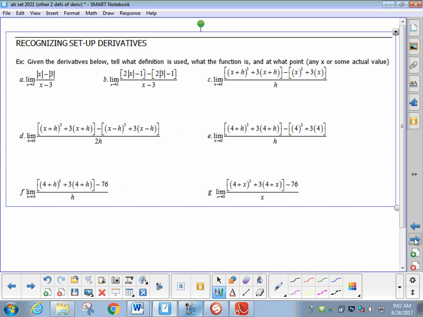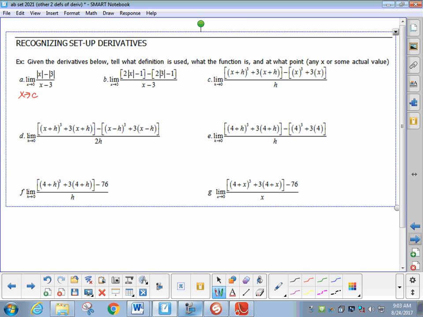Now, let's talk about recognizing. These are very common AP multiple choice questions. I don't have multiple choices for you obviously, but it's important that you recognize a derivative when you see it. What's being given to you, being able to decode it. When you look at this, I might first start by looking at, is it x going to a constant?